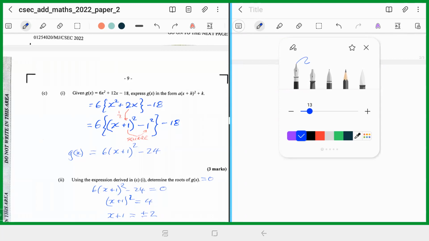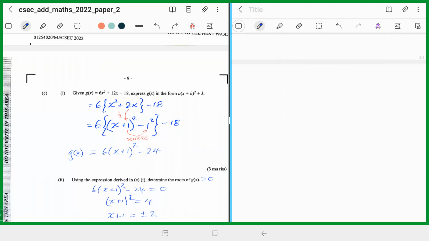Pure math students in particular will learn that even a quadratic function can change to a one-to-one function by adjusting the domain. By changing the domain, you change the function. Pure math students in particular will have to learn to deal with that. But not yet. We're going to come to that.